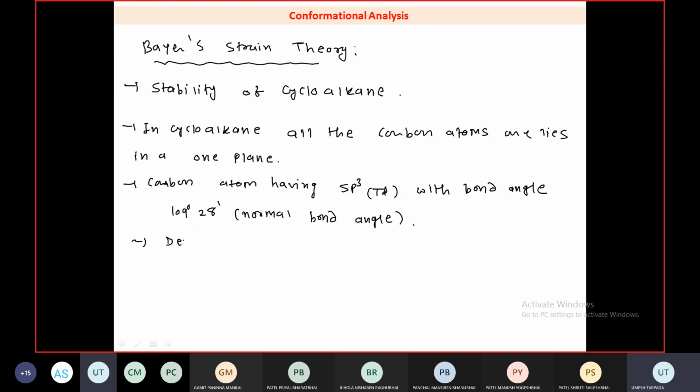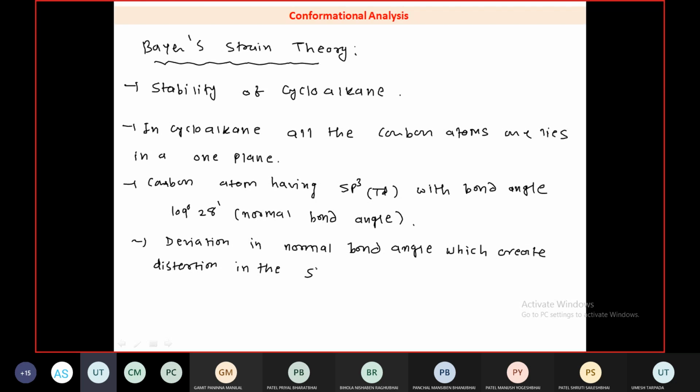Deviation in the normal bond angle creates distortion in the structure.